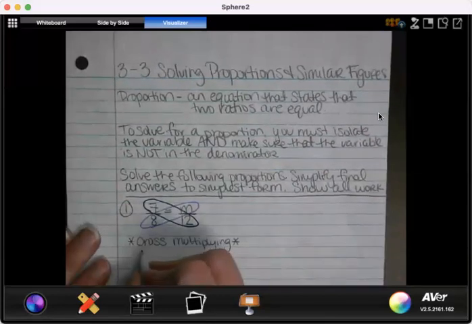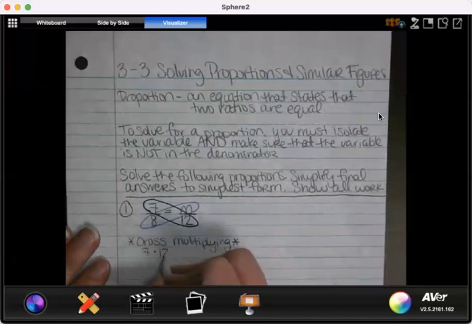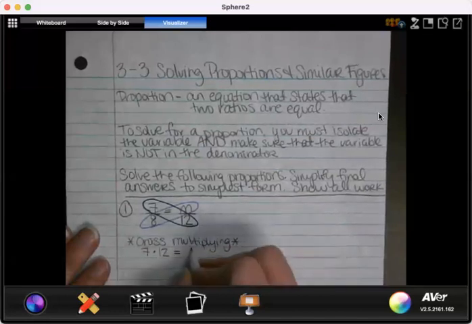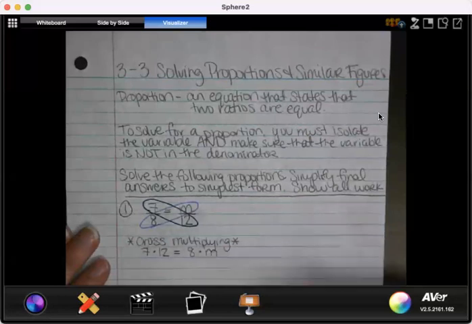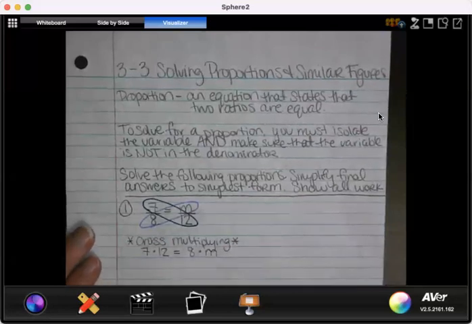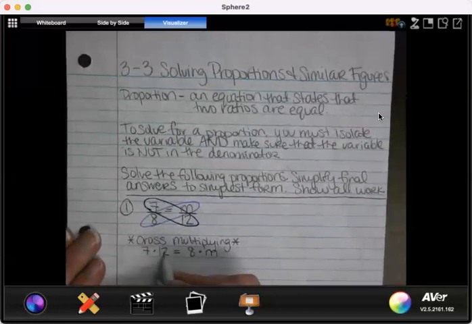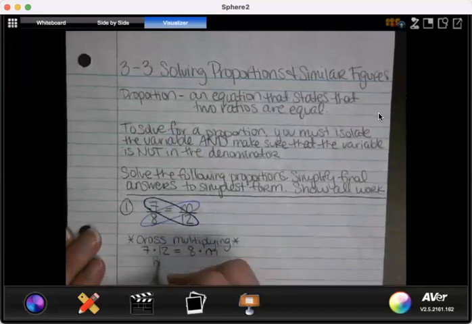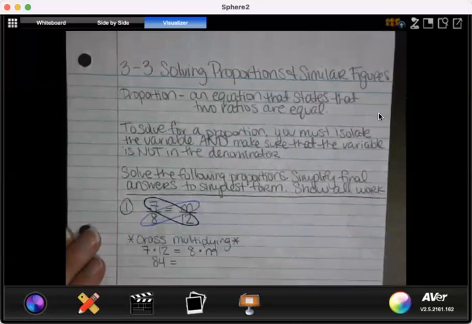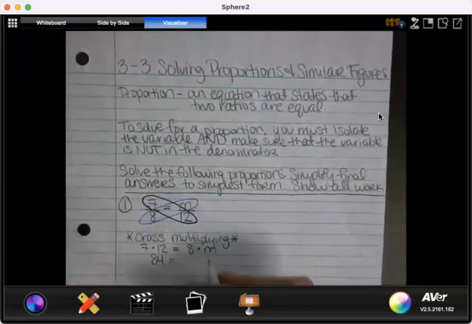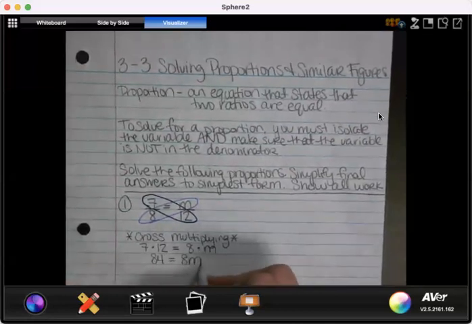So we get 7 times 12 equals 8 times m. We can use our calculator to figure out that 7 times 12 is 84, and then we get 8m.